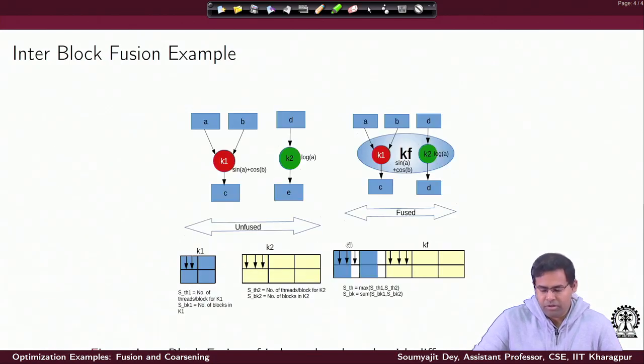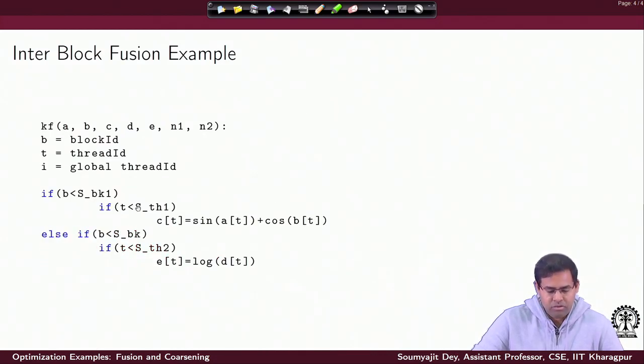For example, consider this thread. For this thread the block ID is less than SBK1, so it will go into kernel 1's code, but the thread ID is not less than STH1. So, it will fail the if case and it will not do any activity. The threads with the previous IDs will get inside this part and do kernel 1's activities. Those which fail this are the idle threads, they do not have anything to do.